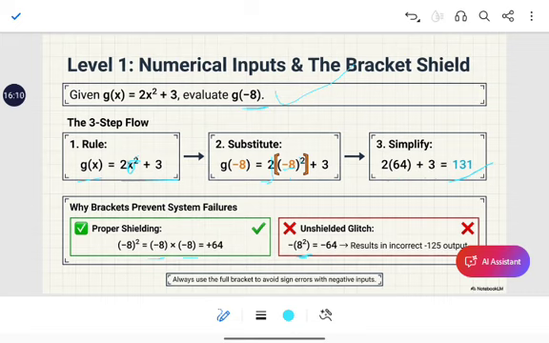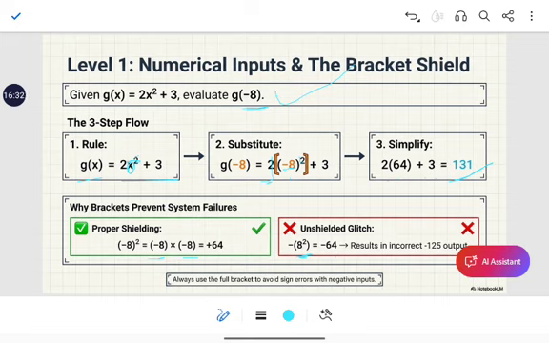So please put the whole value you are given in brackets and work with it. So you see that negative 8 squared is equal to, in brackets, negative 8 times, in brackets, negative 8, which now gives us positive 64.